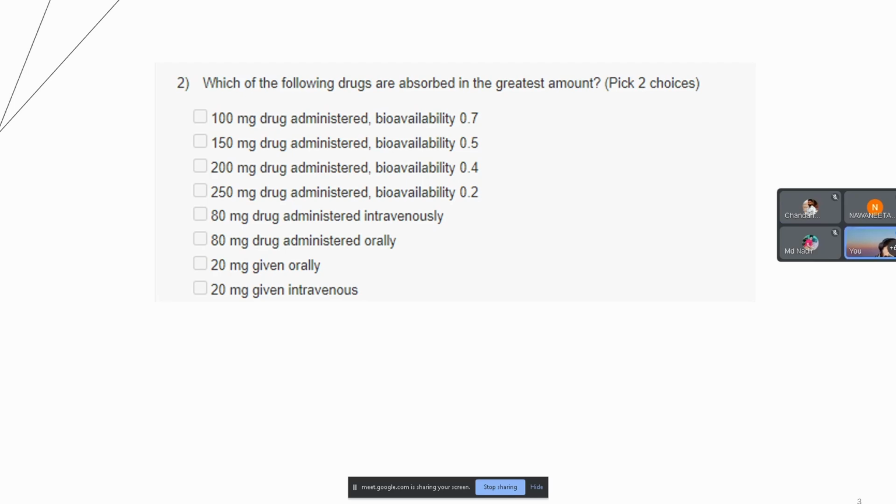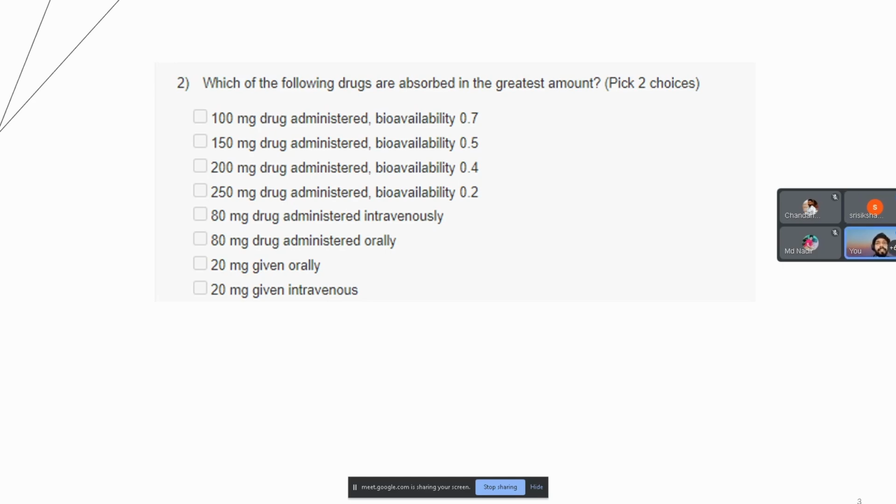Sir, I think we have to calculate the percentage, because in some options they have mentioned bioavailability 0.7, 0.5, and the amount of drug is also different for all the options. So according to the percentage, we have to calculate first how many mg.